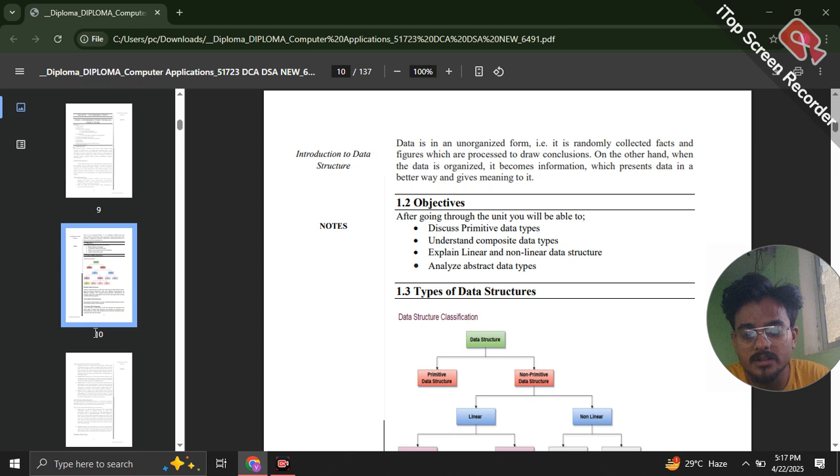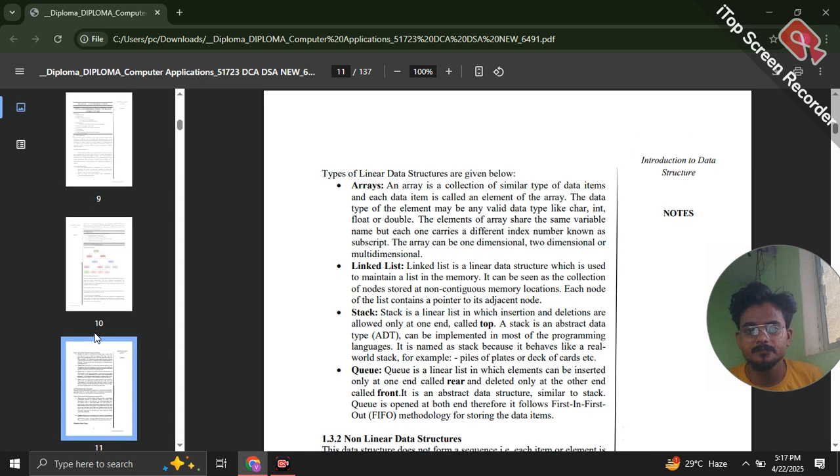So without wasting time, we will move to types of data structures. Here as given here, there are two types of data structures: primitive and non-primitive data structures. And after that, non-primitive data structures are divided into linear and non-linear data structures.